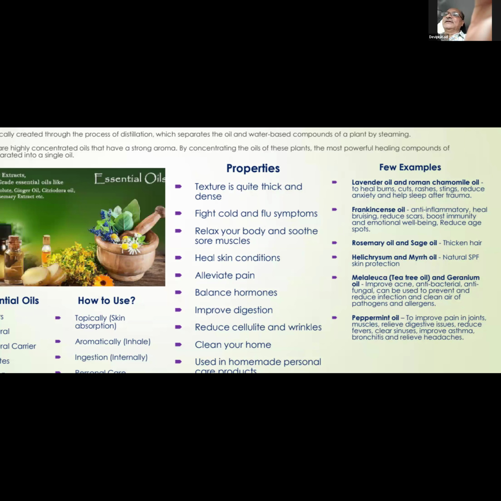Rosemary oil and sage oil help thicken your hair, for hair care. Helichrysum and myrrh oils: natural SPF, skin protection. So there are a lot of oils which are used very well in our regular care, body care or skin care products.